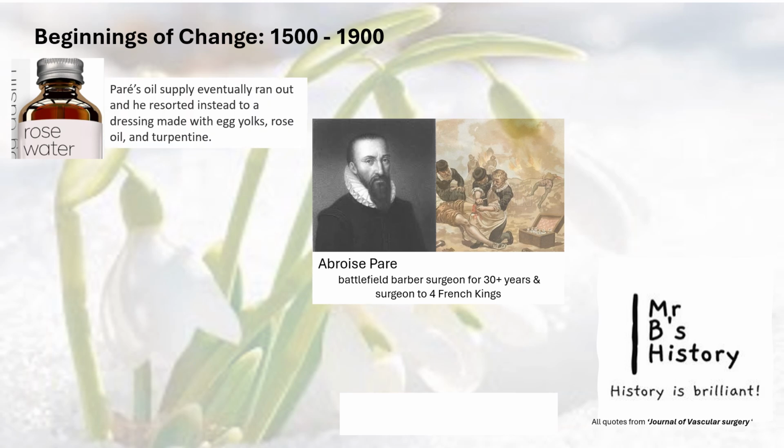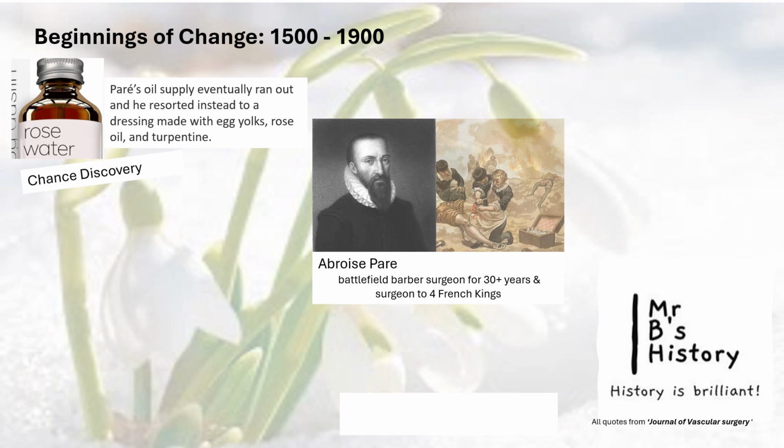Well, by chance, he came across a discovery of how to treat wounds when there's been an amputation. Traditionally, hot oil or even tar was applied to the wound. And although this did help some patients, it also killed a lot of others from shock and the heat.